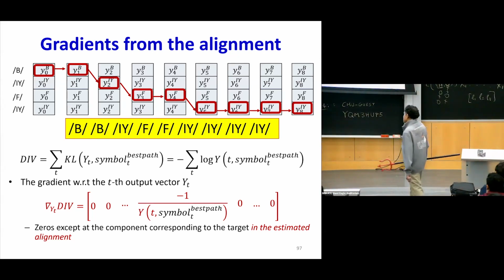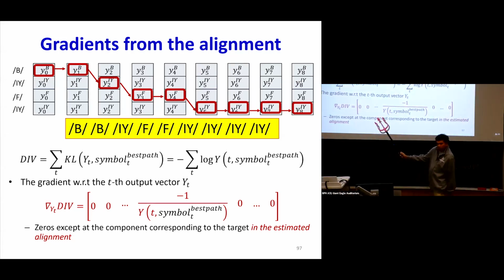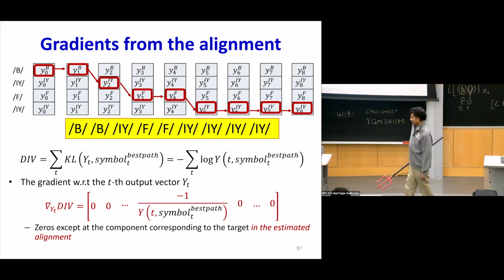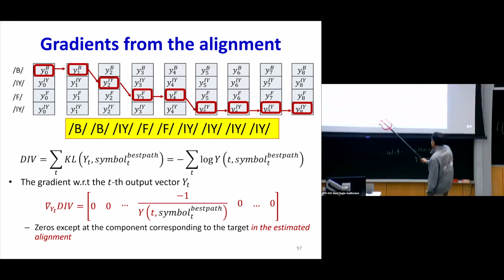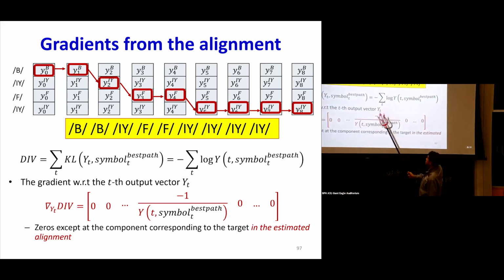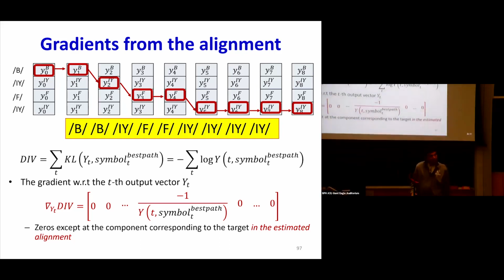But the derivative of this divergence with respect to any particular symbol is going to be either 0, or if the symbol is there in your target sequence, then at any time, it's simply going to be minus 1 over the probability assigned to the target symbol at that time, right? So this is just your standard KL divergence.